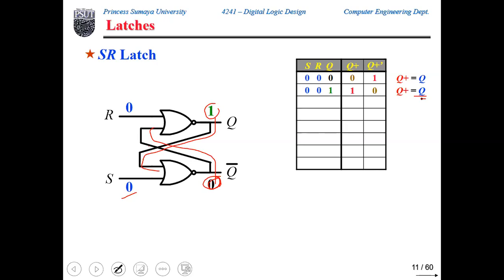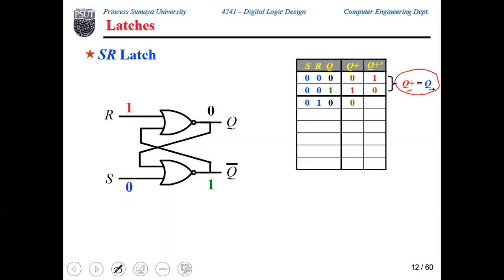So this implies that as long as we keep S and R at 0, 0, whether Q is 0 or Q is 1, it will stay the same. This operation, if you remember, is the hold operation, where the new value is basically the old value.